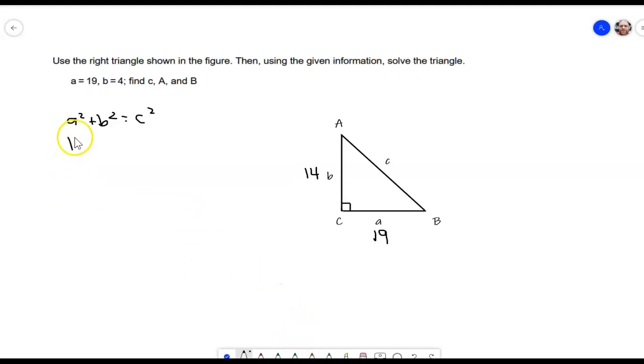I'm going to write it out the first time here just so you can go back. Plus 19 squared, or I think I put them in the reverse order, but it doesn't really matter. Here's a squared, there's b squared, but addition is commutative, so it doesn't matter which way I put it in. It's equal to c squared.